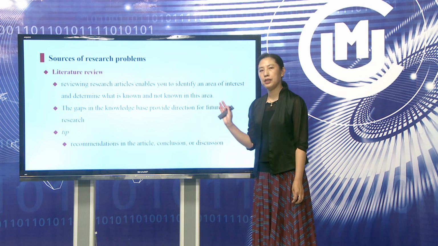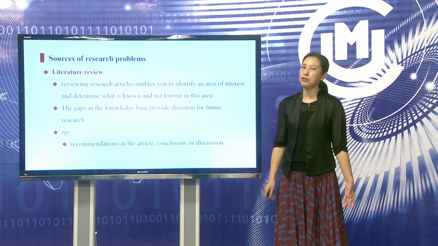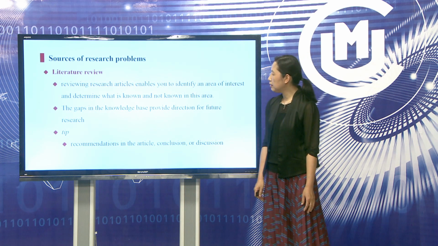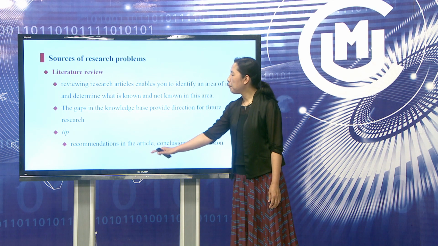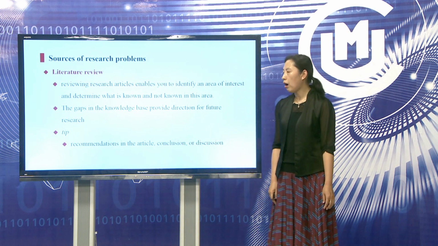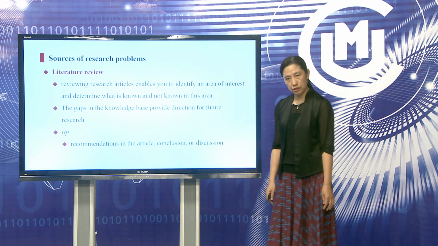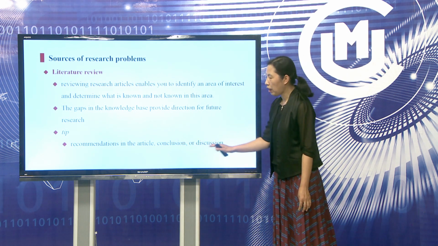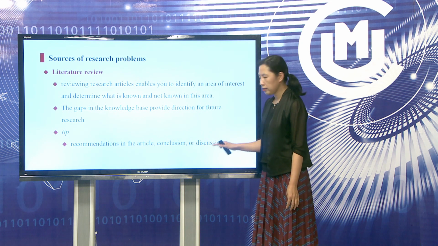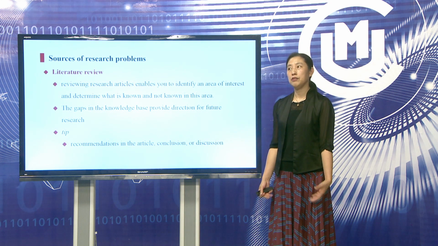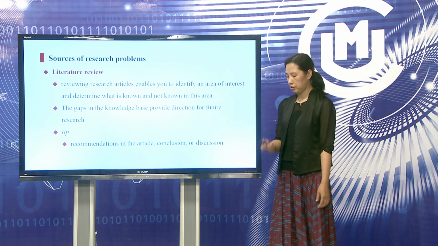So it's really important to read a lot of literature. I will give you a tip. When you read the literature, you may pay more attention to the part of recommendation, or the conclusion, or the discussion. In these sections, you may see some sentences that tell something about future research.